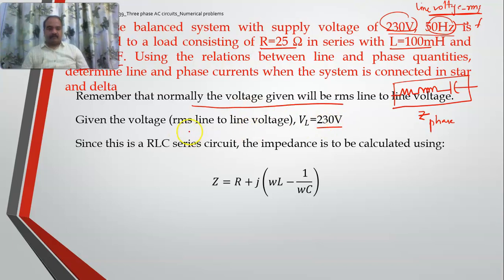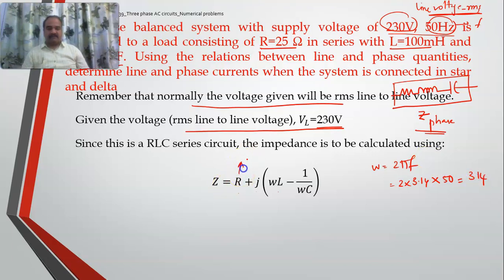Since it is an RLC circuit, the total impedance is given by R plus j(omega L minus 1 by omega C). What is omega? Omega is 2 pi F, right? It is 2 into 3.14 into 50, so you will get somewhere around 314.